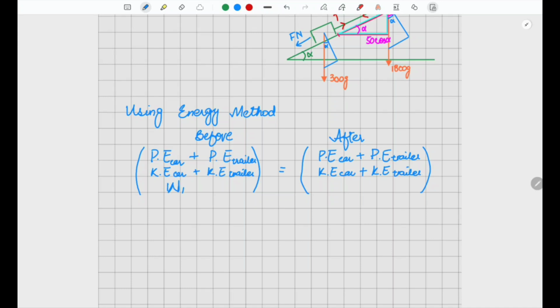and work done by driving force we need only for the car, because only the car has a driving force. The trailer is just attached with the tow bar, so it doesn't have its own driving force. Let's write it separately so that we are not confused: work done by driving force by the car, and for the trailer.